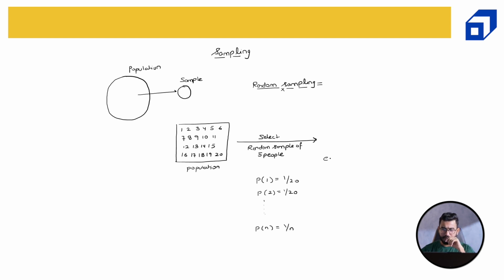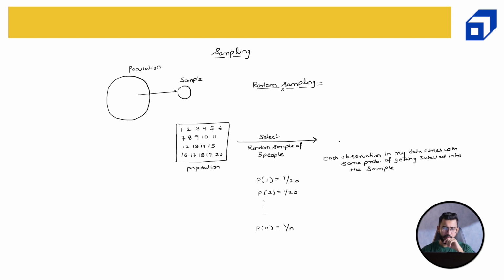So each observation in my data comes with the same probability of getting selected into the sample.